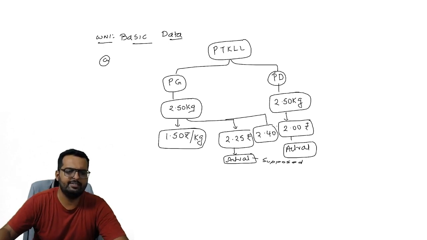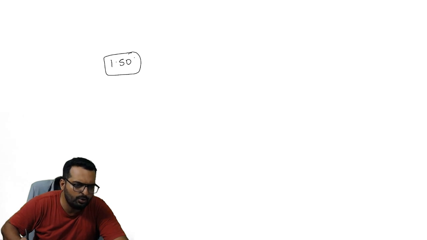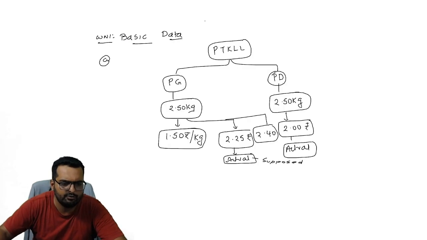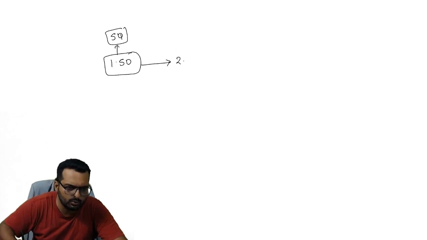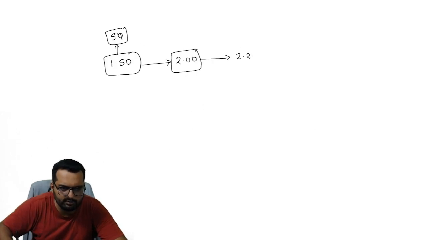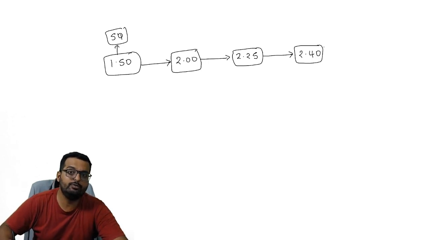So friends, here we have four prices. 1.5 is the original price that comes over there as SQ. From here, had he done proper planning, he could have bought at 2 rupees. But from 2 rupees to 2.25 rupees was beyond his control. From here to 2.4 was something within his control.